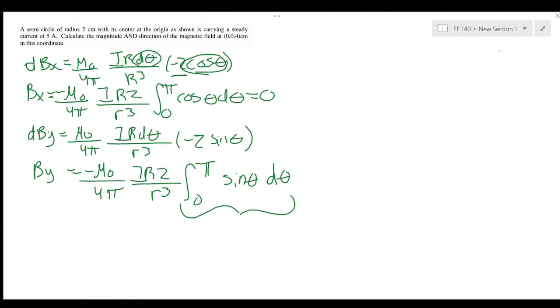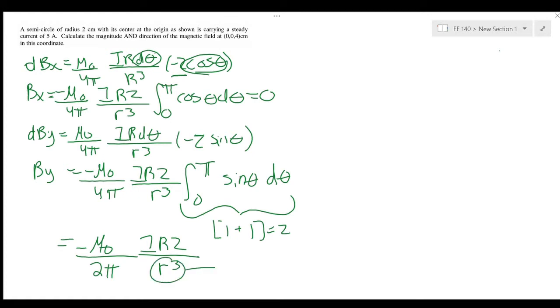Cosine of 0 is 1. Cosine of pi is negative 1, but we're subtracting, so it just becomes a plus. So that's just 2. And so we get our answer to be negative mu naught over 2 pi, because the 2 cancels on top, and then it becomes 2 on the bottom, and then I r z over r cubed.